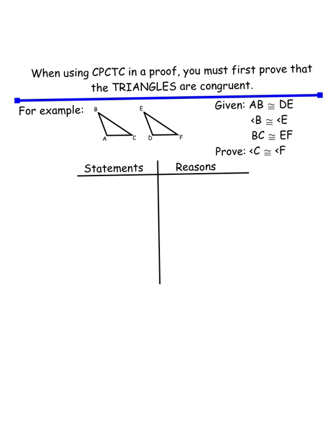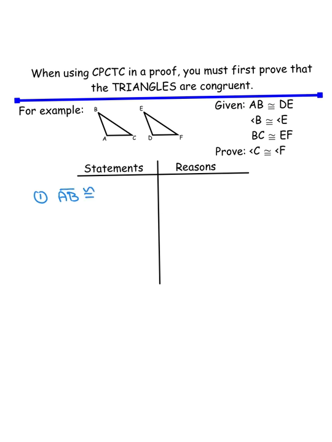So when using CPCTC in a proof, you must first prove that the triangles are congruent, and then we're going to move on and prove that the parts are congruent. So if I look at the first example here, for number one, like any proof, I'm going to start with the givens.